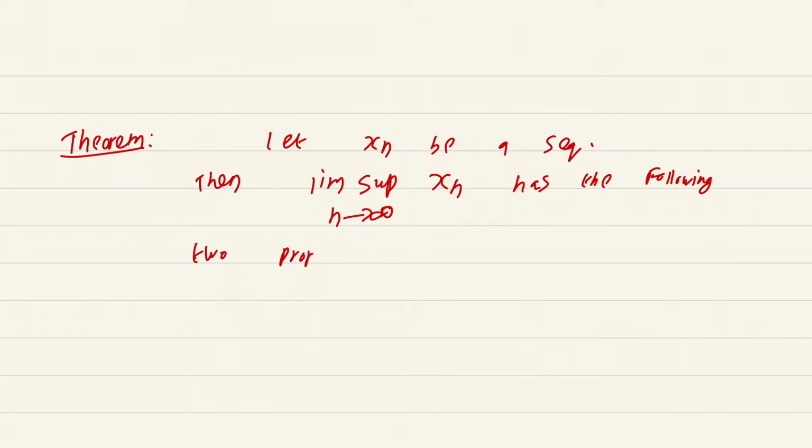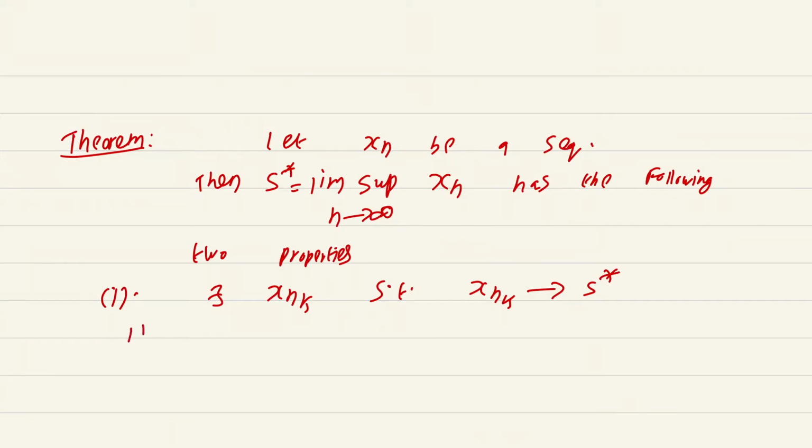Property number 1, there exists a subsequence x_{n_k} such that, if you don't mind, let me just call this limsup s upper star. This is a common notation. x_{n_k} converges to s upper star.